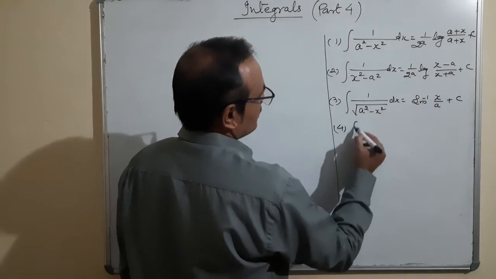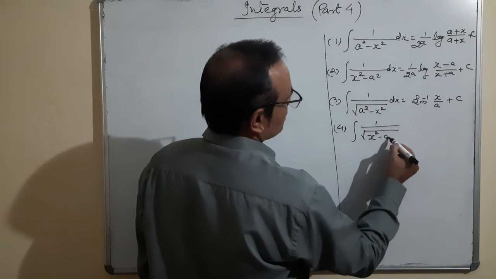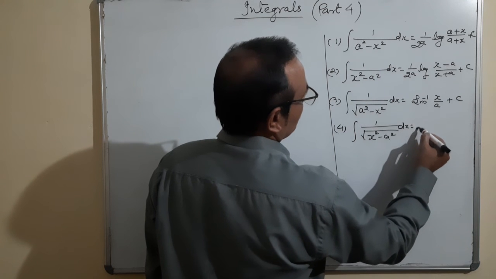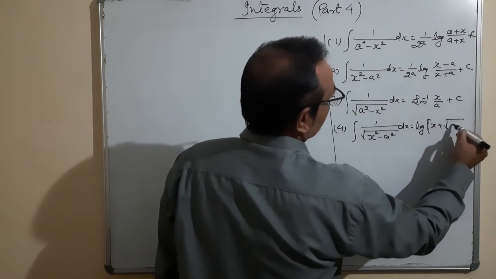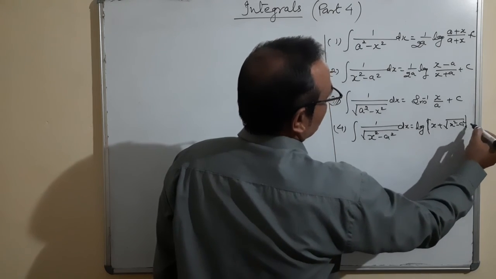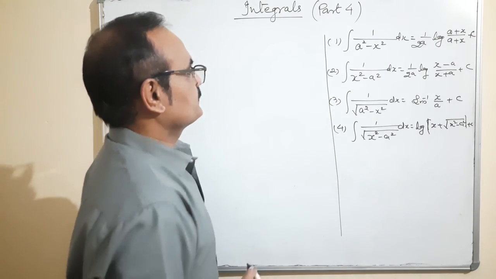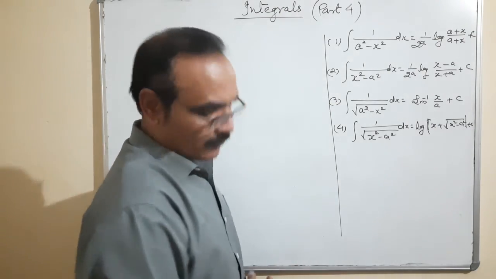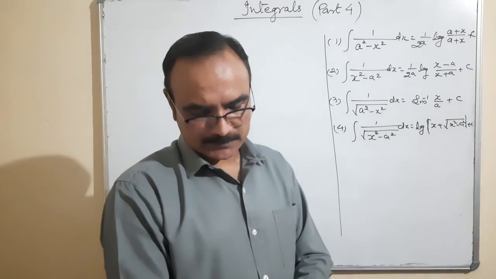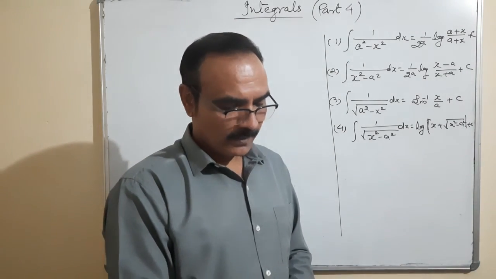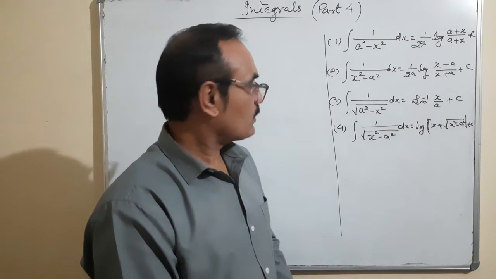One is integration of 1 upon under root x square minus a square, which is log of x plus under root x square minus a square plus c. These are x square minus a square, x square plus a square.